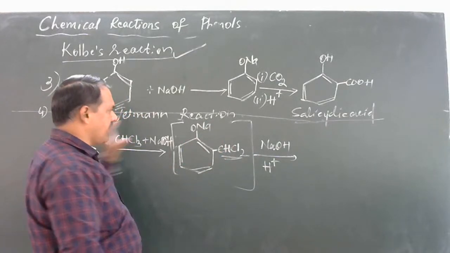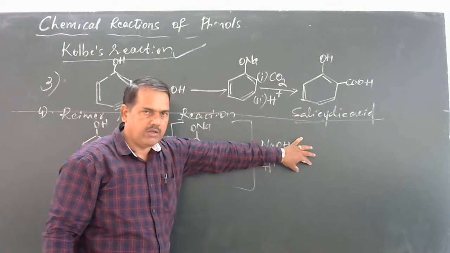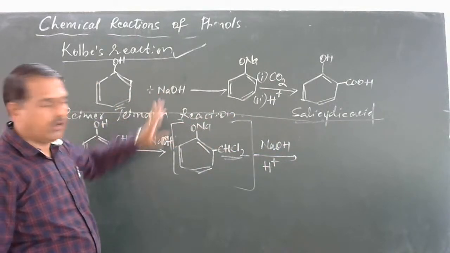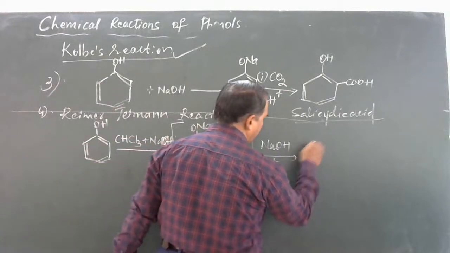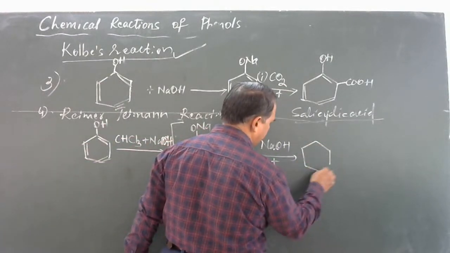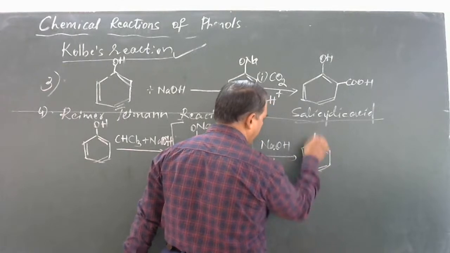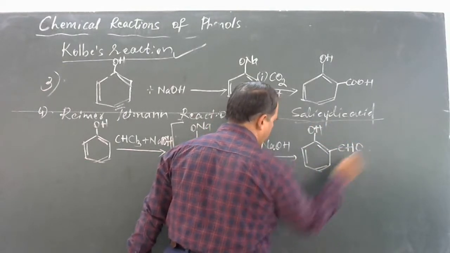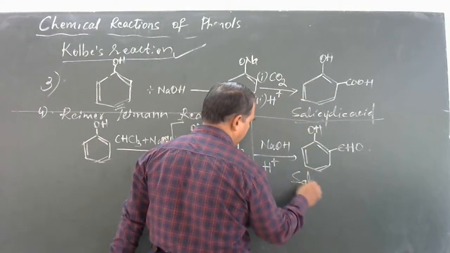A phenol is converted into salicylic. That particular reaction is called Reimer-Tiemann reaction, and we will get an aldehyde, CHO.